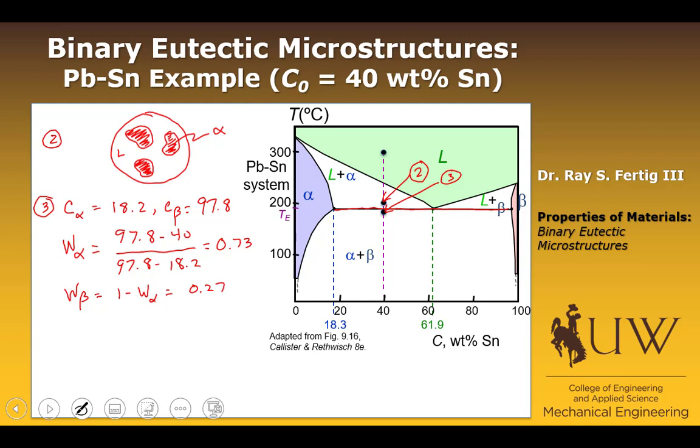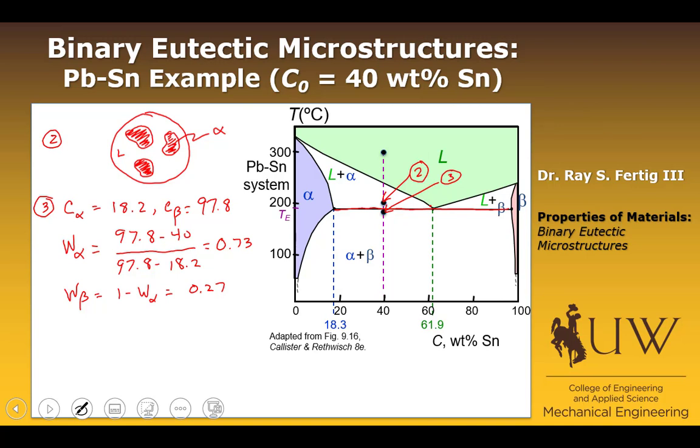Okay, so now we need to think through what the microstructure looks like. I drew the microstructure for 2 because it's important for how the rest evolves. As we cool off, let's say right above the eutectic, we have roughly the microstructure that I'm showing in 2 here, but the liquid is very near the eutectic point.